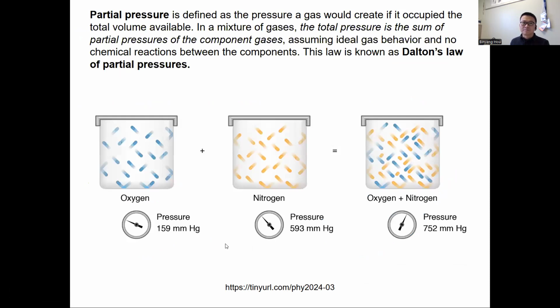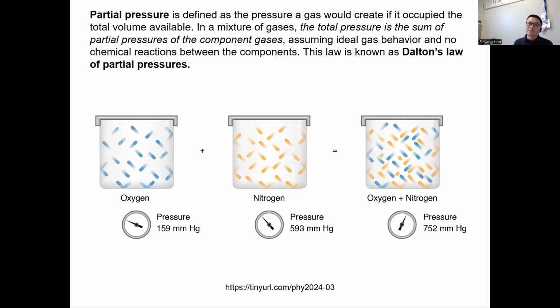All right. Also, partial pressure, this refers to when you have a container that has a mixture of gases. So for example, air is a mixture of oxygen and nitrogen with some residual other gases, but the main components are oxygen and nitrogen.